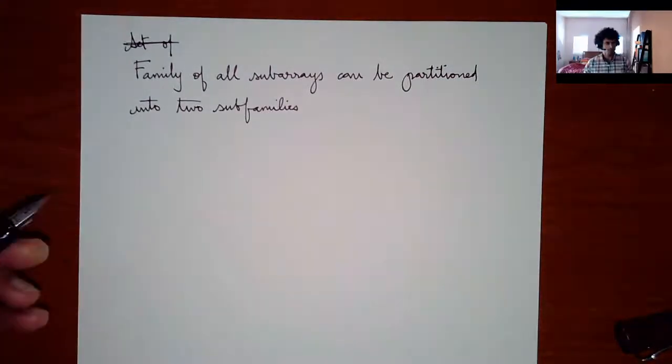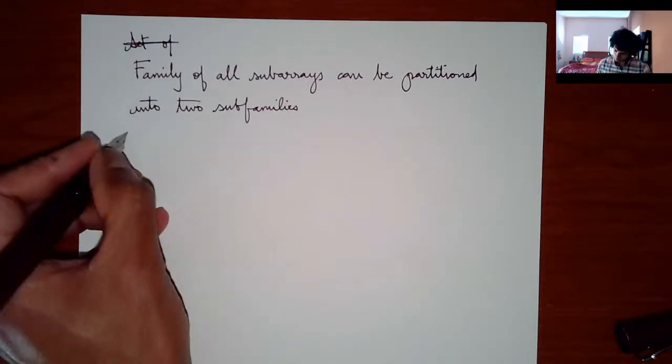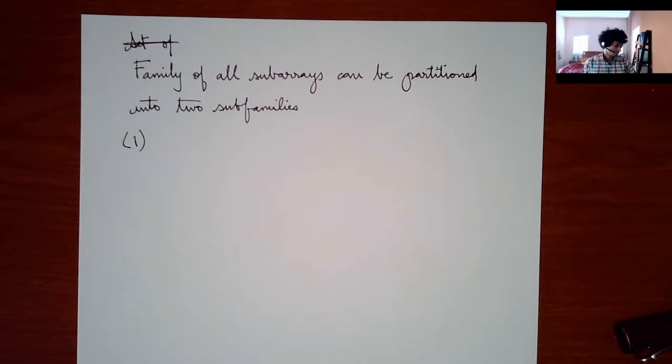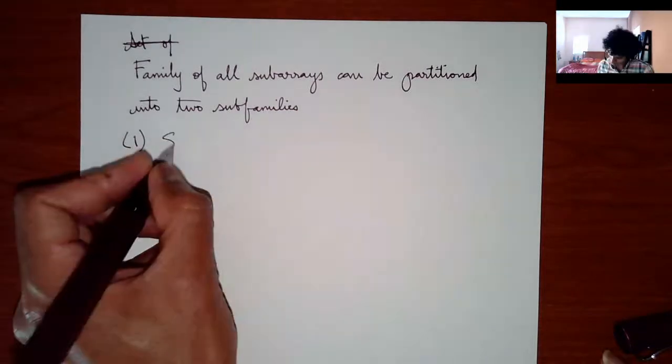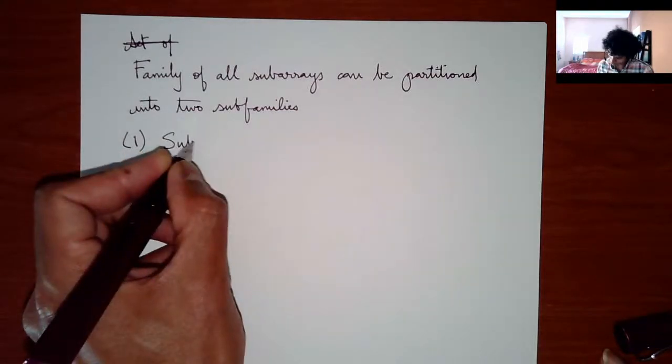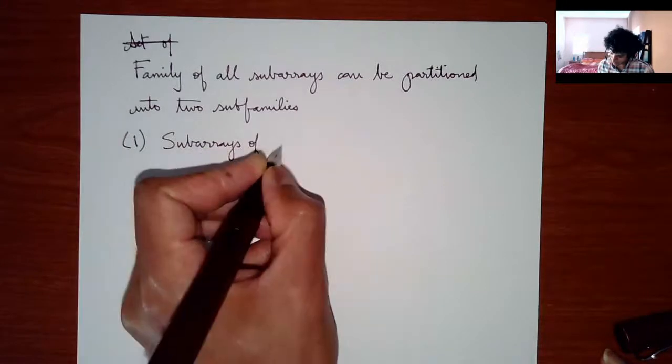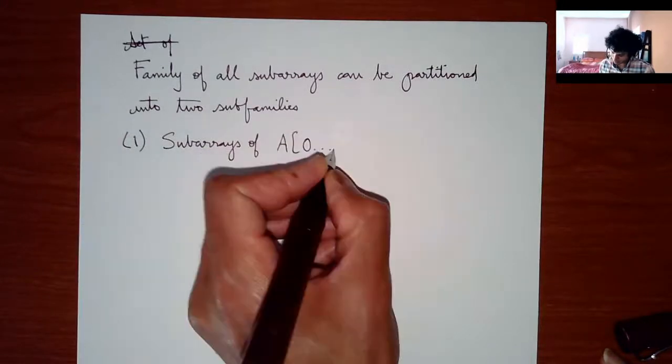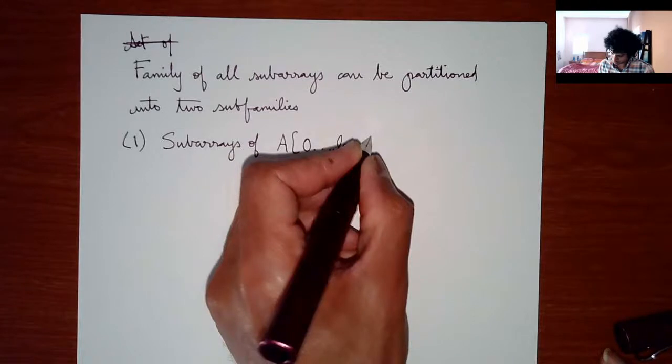I'm using family here because I don't want to use the word set. So the first one is subarrays of A going from 0 to length minus 2.